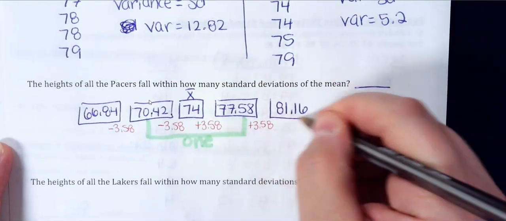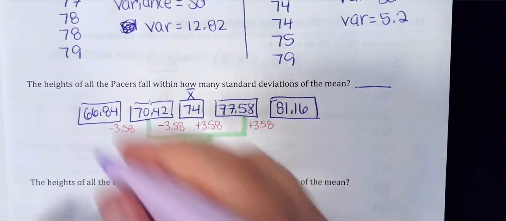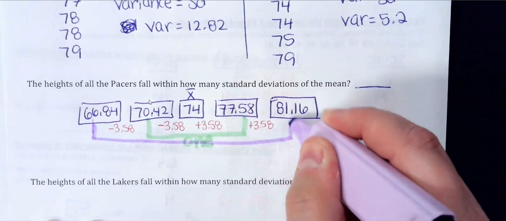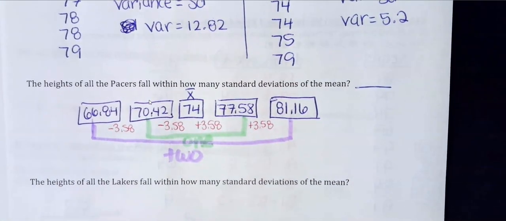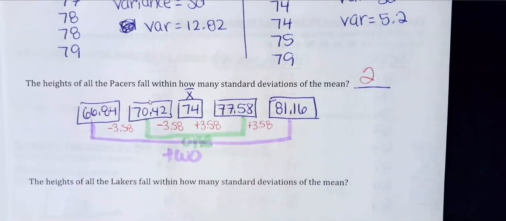Now anybody between those two heights is within 2 standard deviations of the mean. Does that cover everybody's height on the Pacers team? Yes, everybody falls within 2 standard deviations of the mean, so that's what I would write as my answer. They all fall within 2.